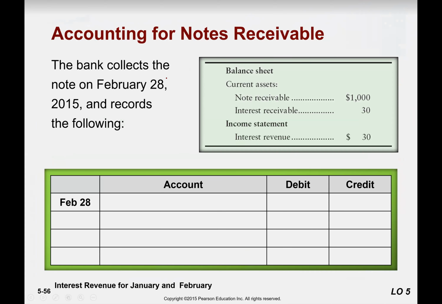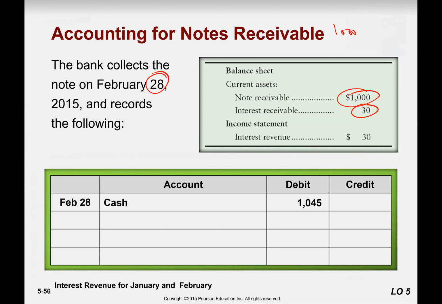Now on the 28th of February, you need to receive. You are a bank. You need to receive those instruments of the promissory note. So on your balance sheet, 1030 is already there, and now you are receiving that one. How much cash do you receive?